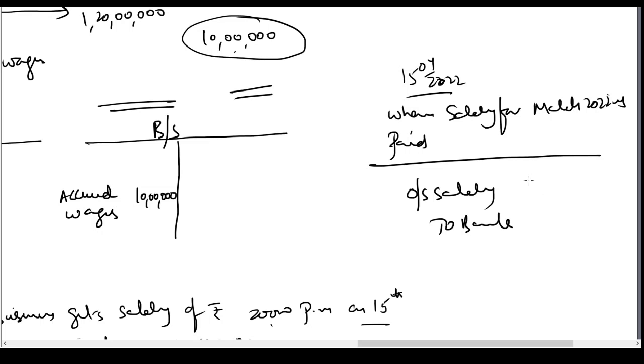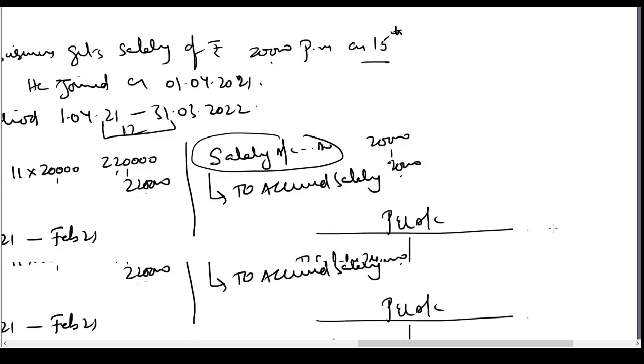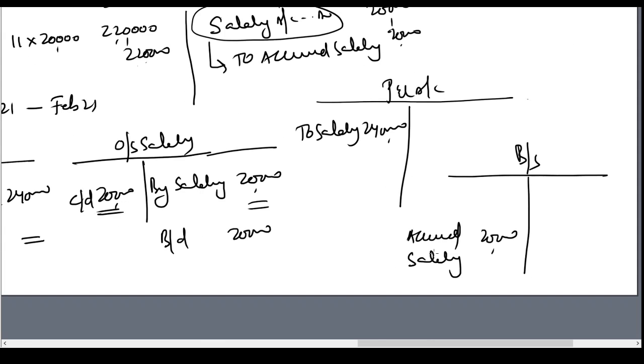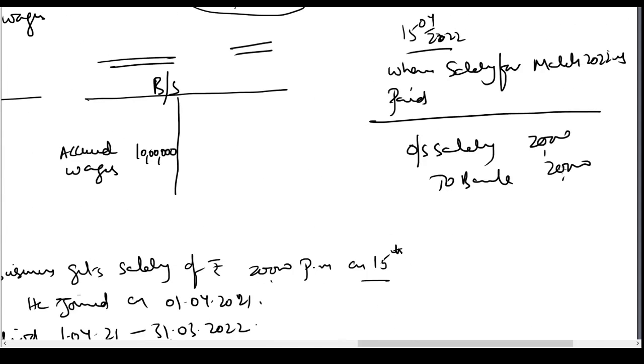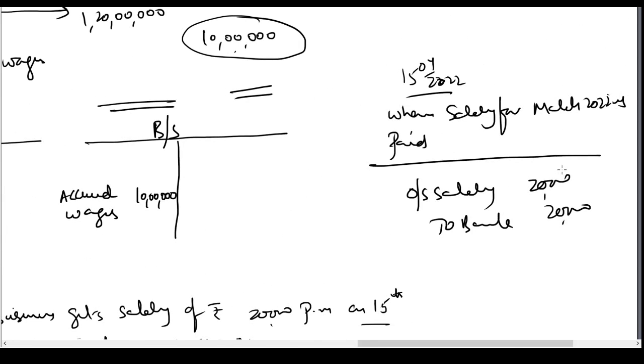We are not going to again book it as an expense. We already have recognized a liability in my balance sheet. In my balance sheet I am already showing a liability, accrued salary 20,000. So this will be paid on 15th of April. So when accrued salary is paid, we pass the entry outstanding salary account debit to bank, or accrued salary account debit to bank. So with this I close the liability from my books of accounts.